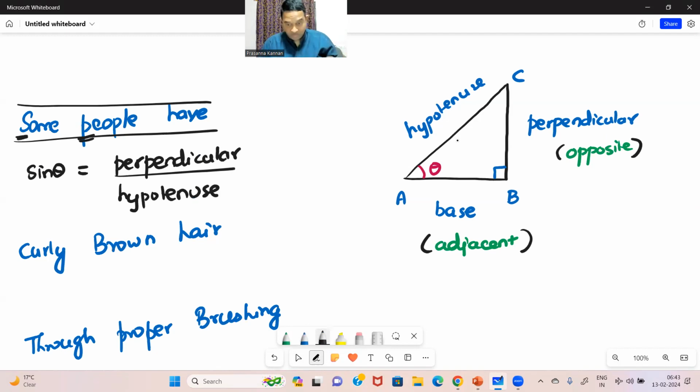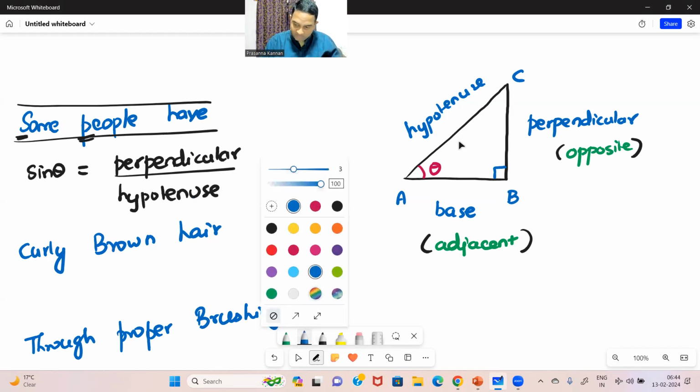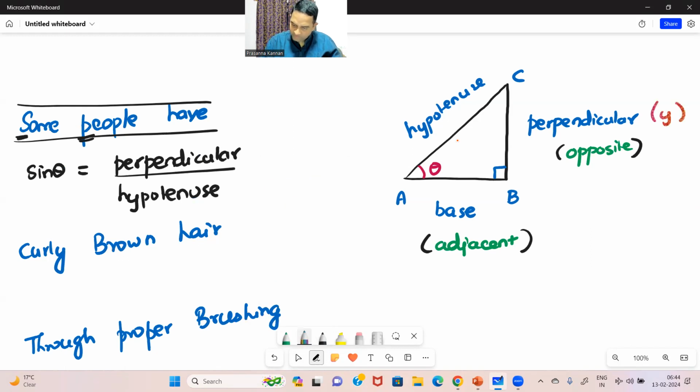Suppose I call this as Y, this as X, and this as some distance R. Then perpendicular, which I have called Y, divided by hypotenuse, which I have called R. Or you can call it P by H also, no problem.